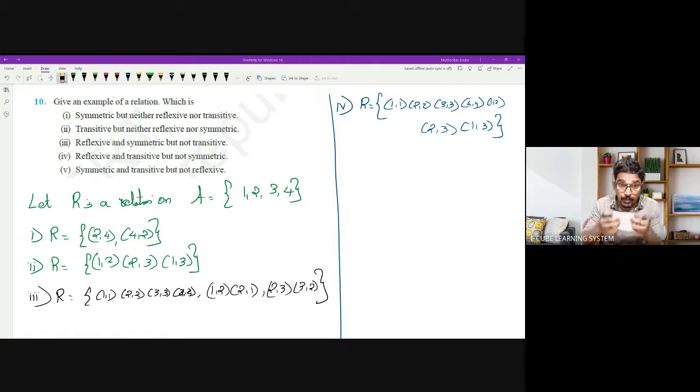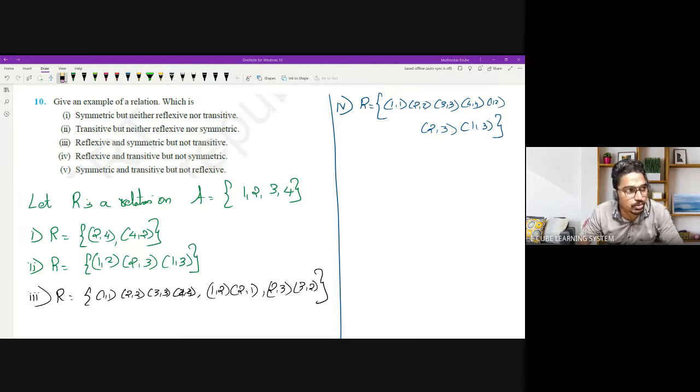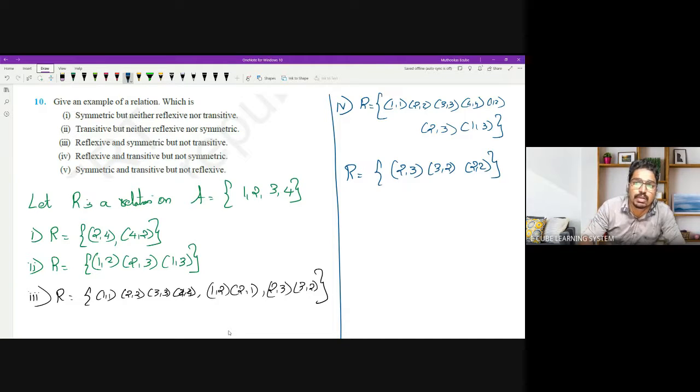Akash, go ahead. R is equal to 2 3, 3 2, 2 2. Oh, that's enough. It is symmetric, because 2 3 is there and 3 2 is there. Transitive also. It is not reflexive.